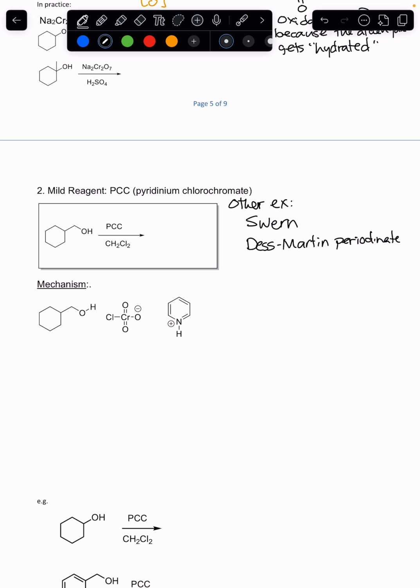Okay, so those are some examples that you might come across. This is often just abbreviated DMP. I said periodinate, but it should be periodinane. Sorry about that.